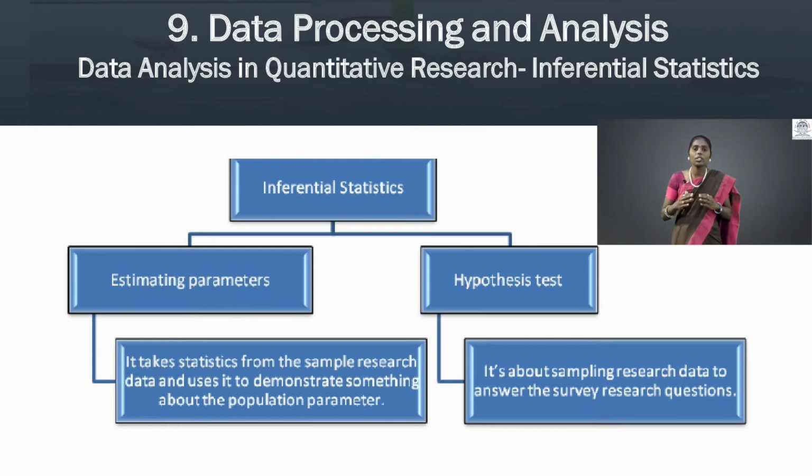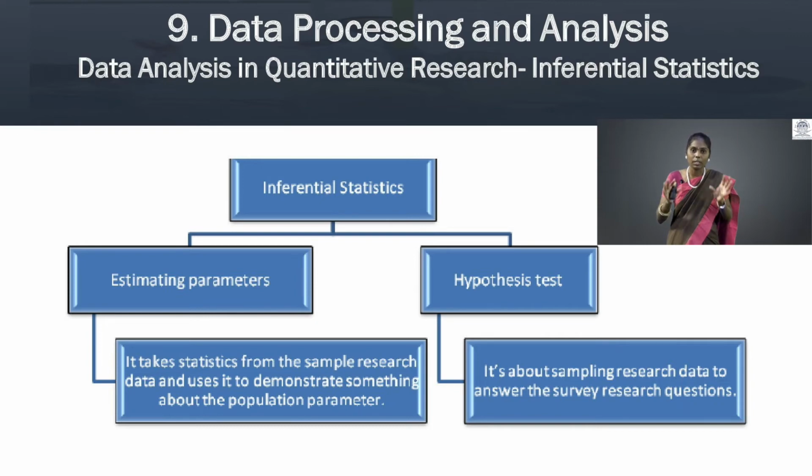So if the researcher identifies that among the 10% of the population chosen, 50% of the respondents are brilliant, 30% are average, and 20% are low, then based on that, they will estimate the whole population.